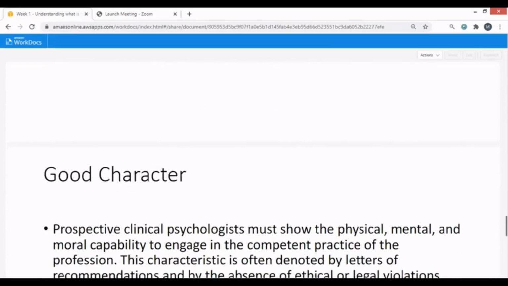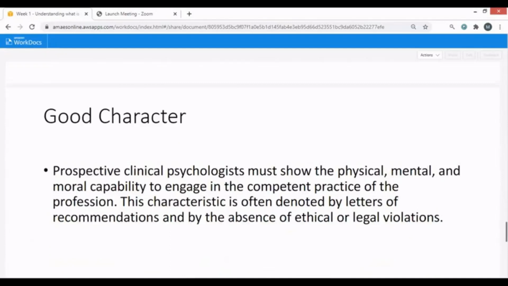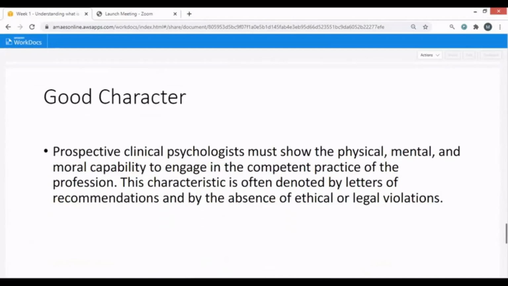And there is also a requirement for having good character. Prospective clinical psychologists must show the physical, mental, and moral capability to engage in the competent practice of the profession. This characteristic is often demonstrated by letters of recommendation and by the absence of ethical or legal violations.